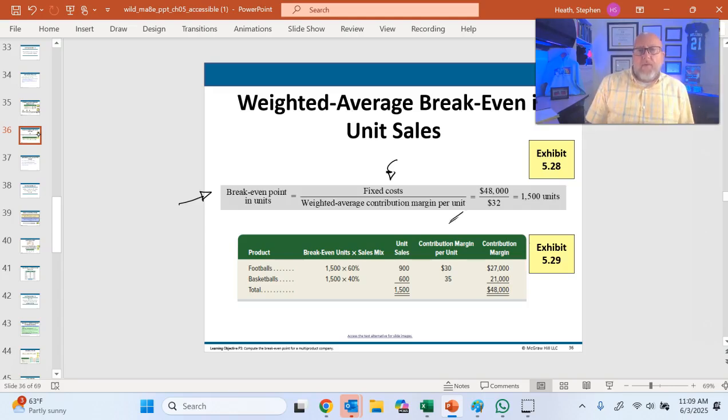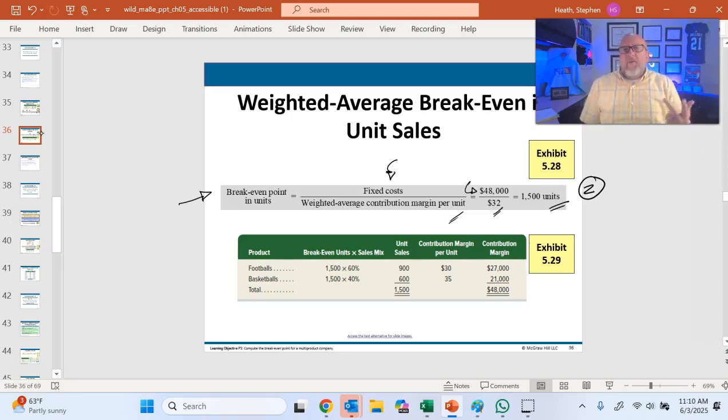So in our example, if our fixed costs are 48,000, and now from the previous slide, our weighted average contribution margin is 32, then we know we need to sell 1,500 units. Okay. That is step 2. Step 1, calculate weighted average. Step 2, determine how many units we need to sell.